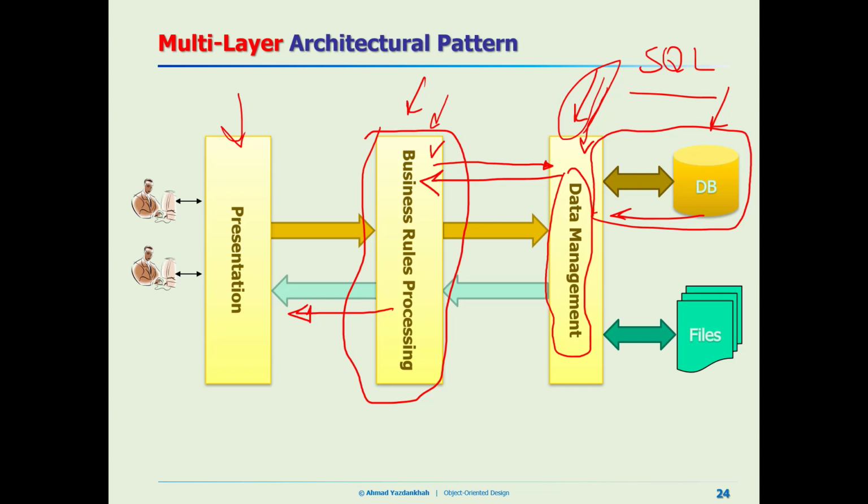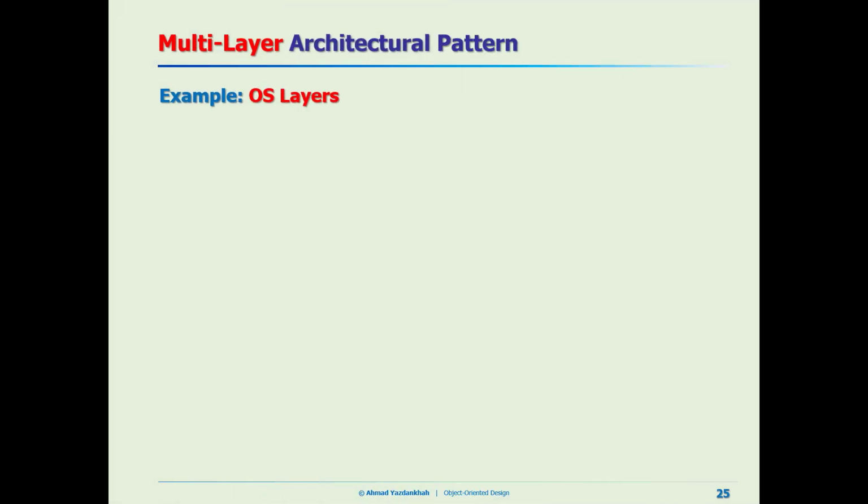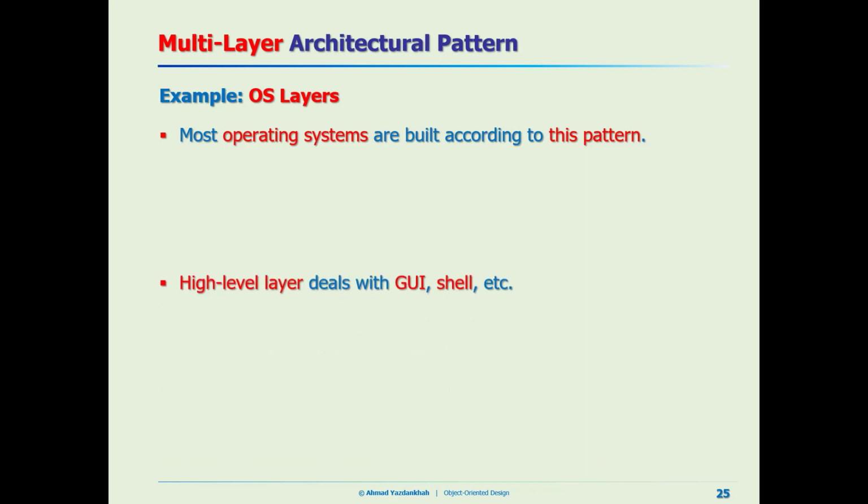We have some examples here. Let me show you. For example, operating systems. Operating systems have the same three layers. Actually, an operating system is much more complicated than whatever I want to say here. But in a nutshell, we can say that operating systems have the same three layers.